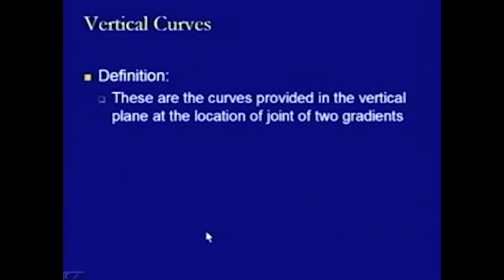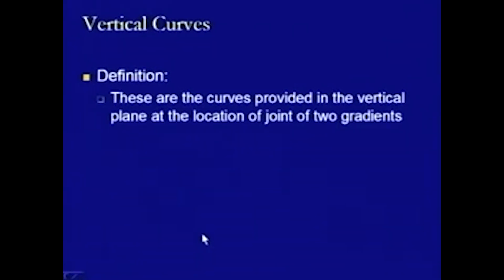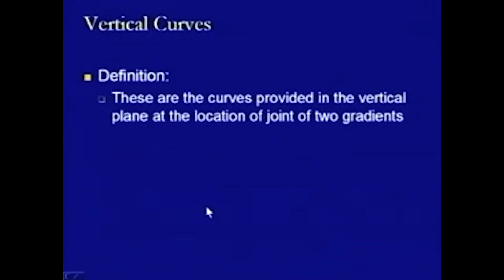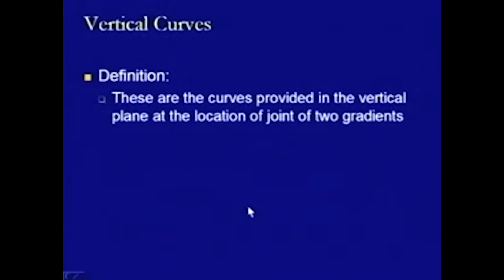The vertical curves by definition are the curves provided in the vertical plane at the location of joint of two gradients. As we have discussed about the different problems, whether it is the sag condition or a summit condition, in both the conditions there are kinks being formed and certain problems associated with that. So, at the point where the two gradients are being joined, maybe at a sag or maybe at a summit, if a curve is being provided at that location, then that curve is termed a vertical curve.